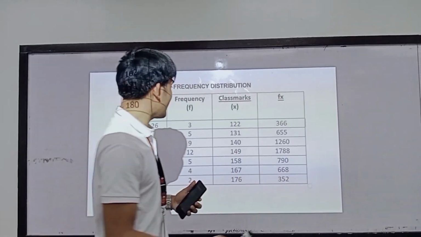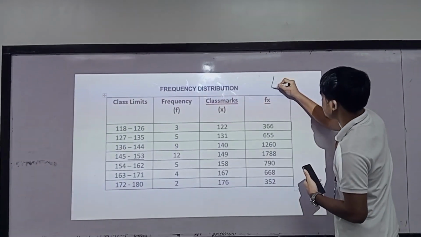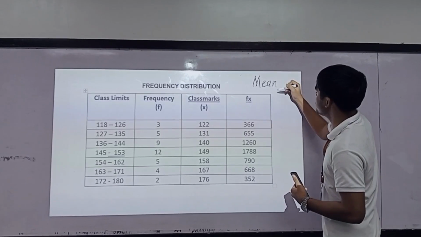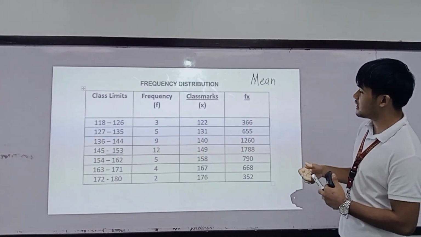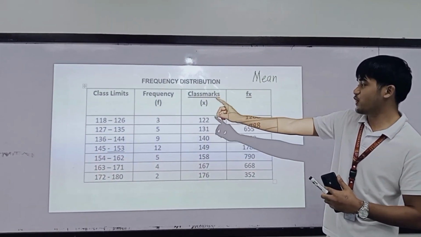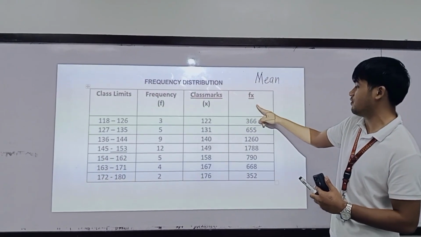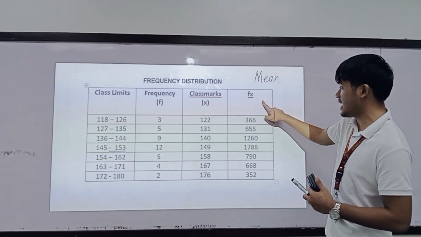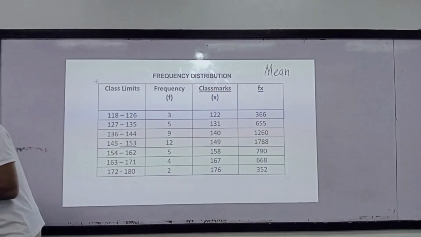So now we'll get the value of our mean. And for the value of our mean, we will just need the class limits, frequency, class marks, and also the F times X. Okay.